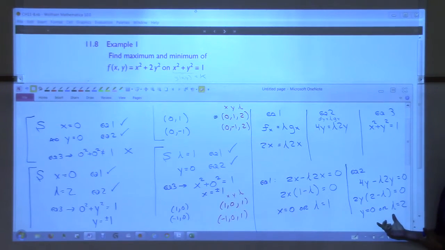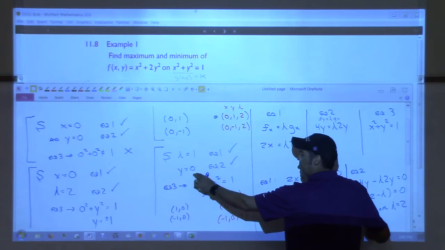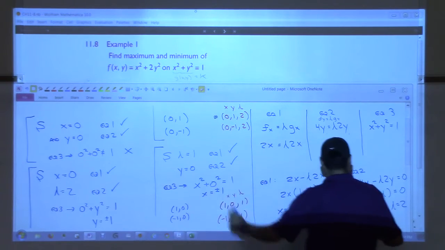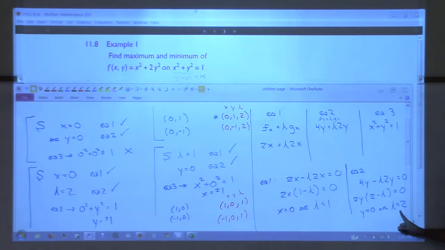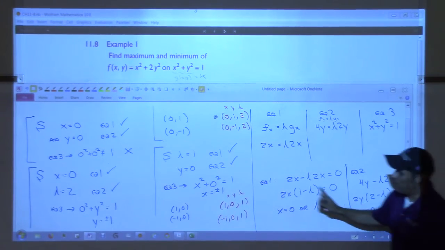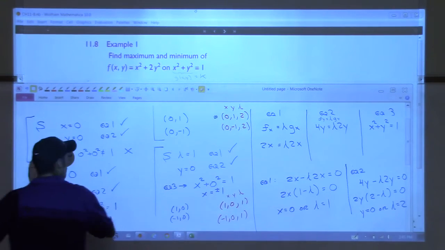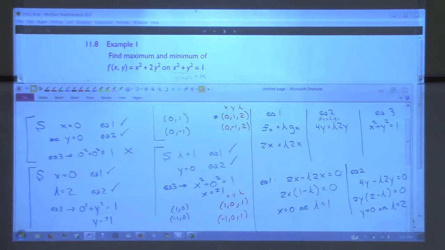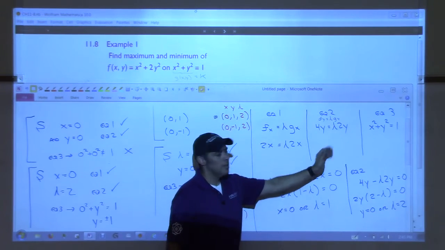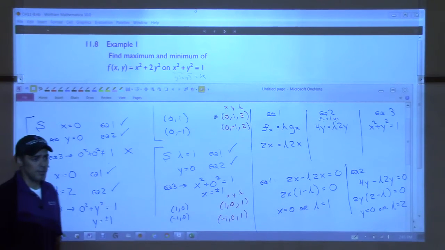Well, do you all see we've already done these two, right? We did look at the case where y was 0. When y was 0, that forced our lambda to be 1, so we've already done that. And then we've already also looked at when lambda was 2. So we are now done. We've looked at the only ways we can make the first 2 equations true and got 4 different answers.